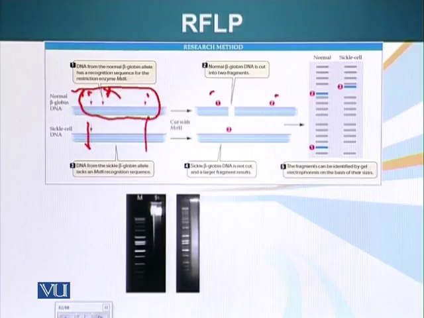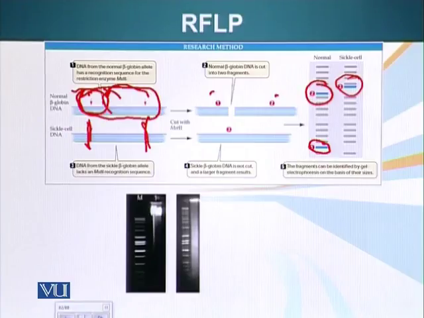As we saw in our previous slide, the smaller fragment will run faster than the larger fragment. In sickle cell anemia, where the restriction site was removed by the mutation, the whole gene stays together because it is cut at the 2 very ends, and the gene sits at a higher level because it's larger. So this is one way we can detect a mutation. We can use these restriction enzymes to detect a disease.